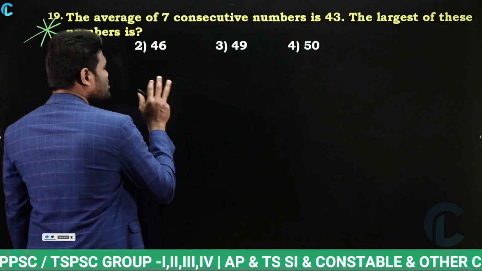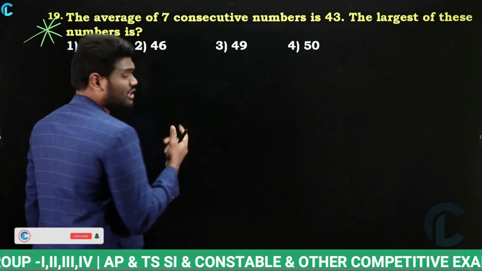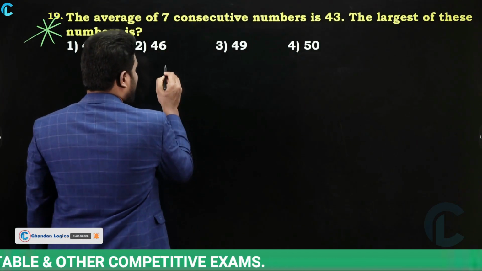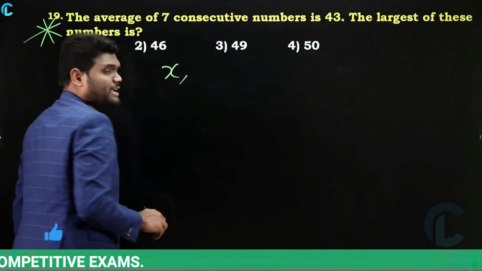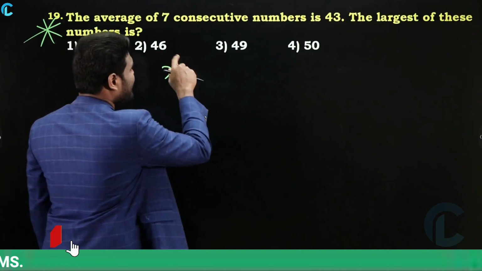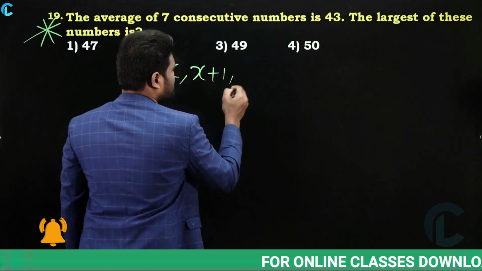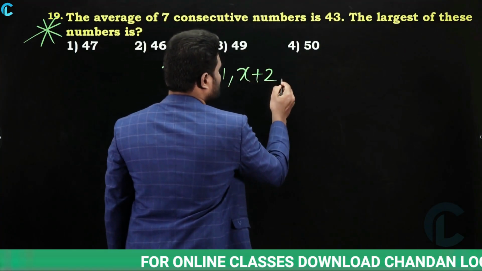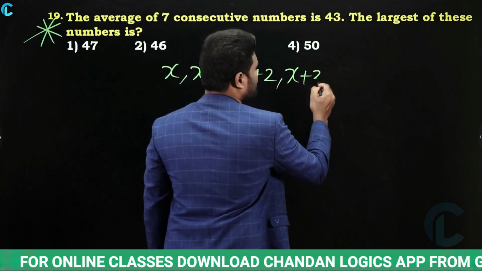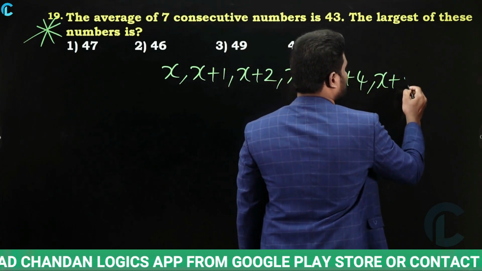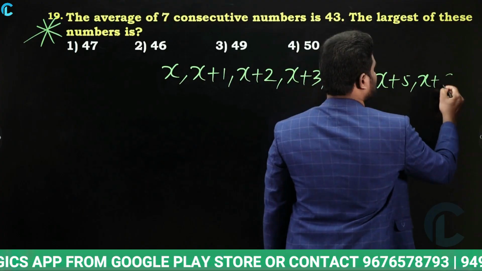Look here, how do I solve this question normally? I do not know what the number is. As I do not know the number, if I assume the number as x, then the 7 consecutive numbers will be x, x plus 1, x plus 2, x plus 3, x plus 4, x plus 5, x plus 6.